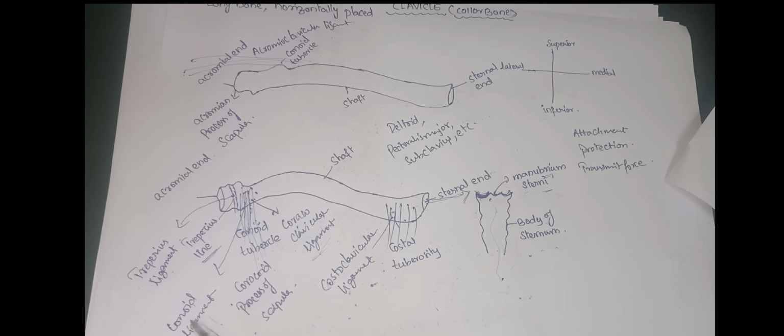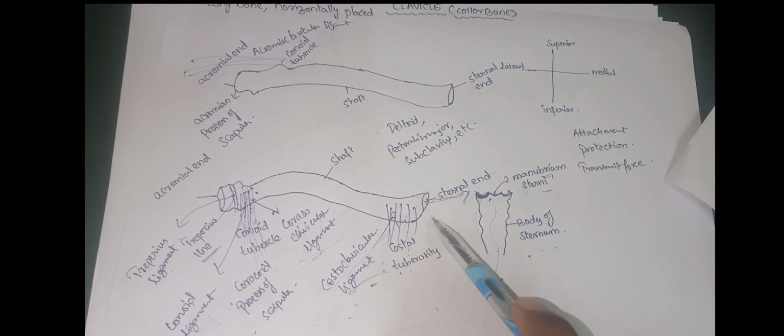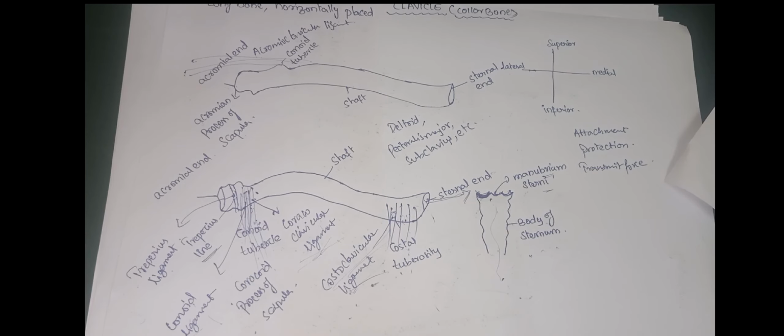There is another ligament, the costoclavicular ligament, present near the costal tuberosity on the medial side of the clavicle. It is present between the first costal cartilage and the clavicle.